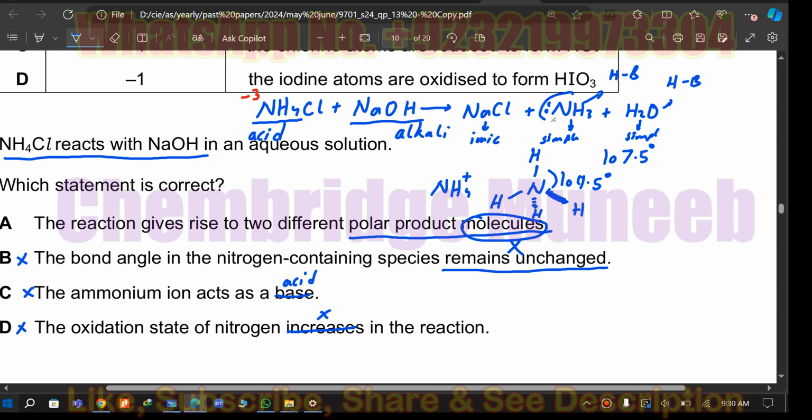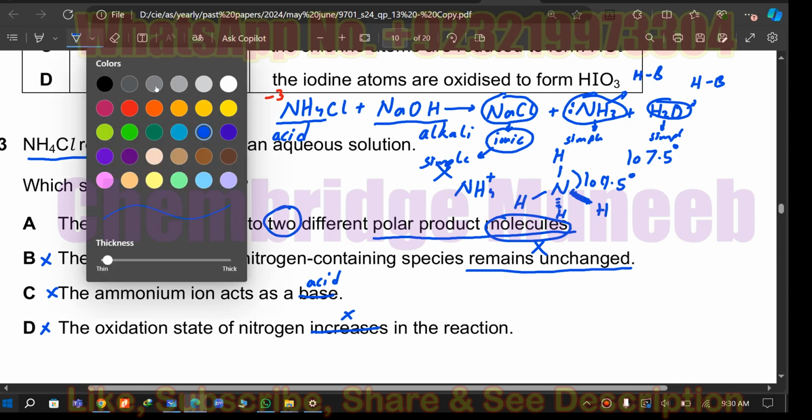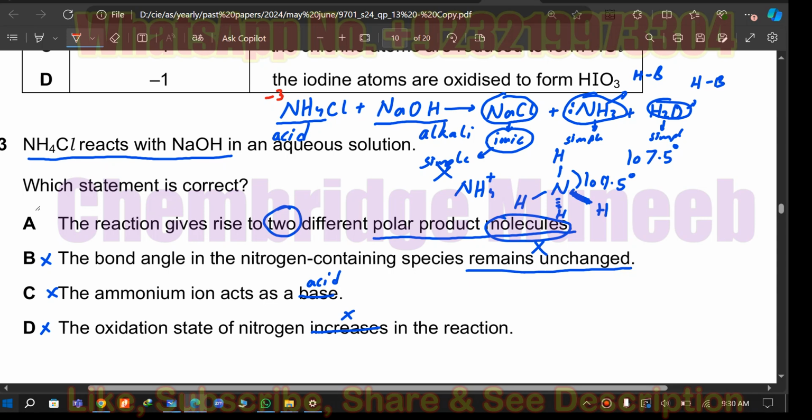So yes, these are polar molecules, and water is also a polar molecule. So because of this reason this is a correct option. NaCl is not considered among these two because it is an ionic compound, and ionic compounds are never simple molecules. These are giant ionic compounds. So these two molecules mean ammonia and water. So that's why the correct option becomes A.